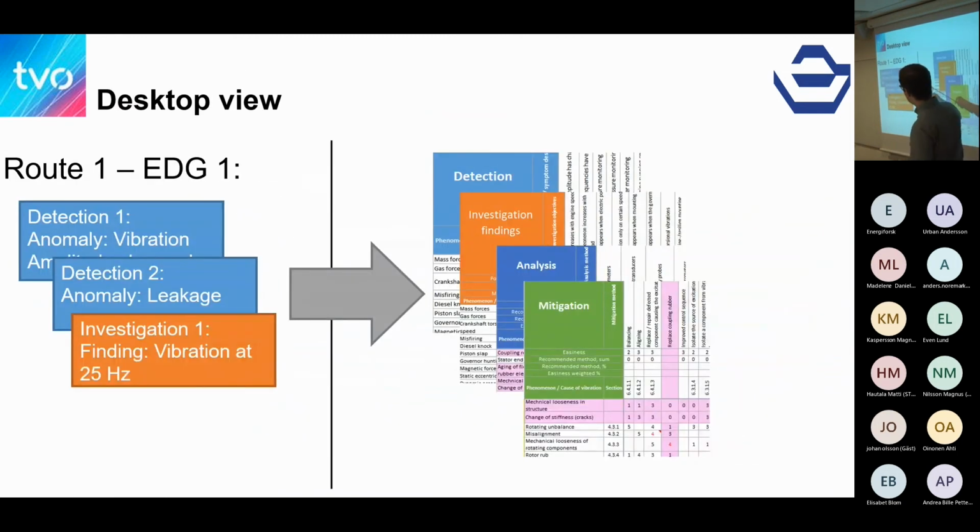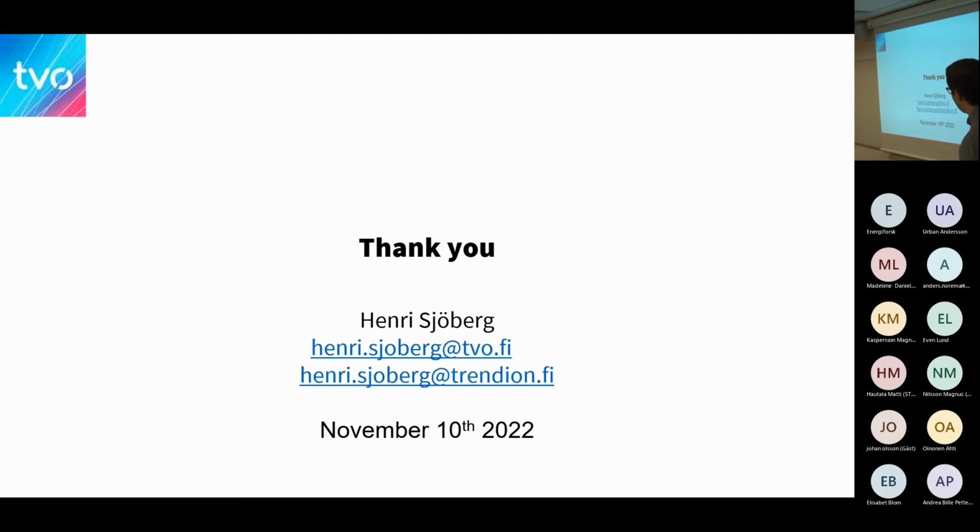So these would be the detections made during the route. There might be multiple detections, and there might be even some investigations that are done and findings related to that. And then we are left with one diam chain, and then the relevant party should be required to enter the rest of the data in the desktop interface. So that's pretty much it.